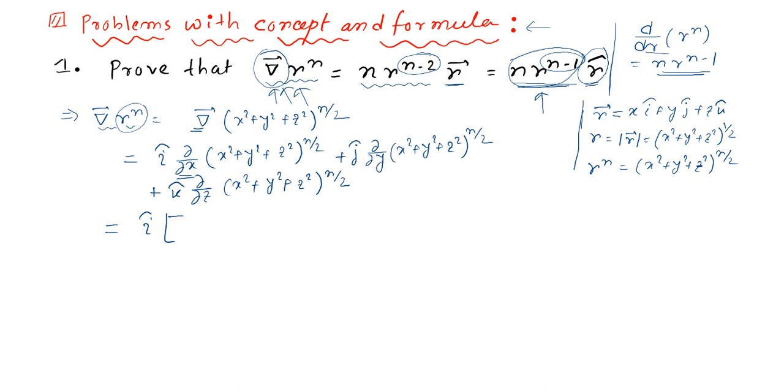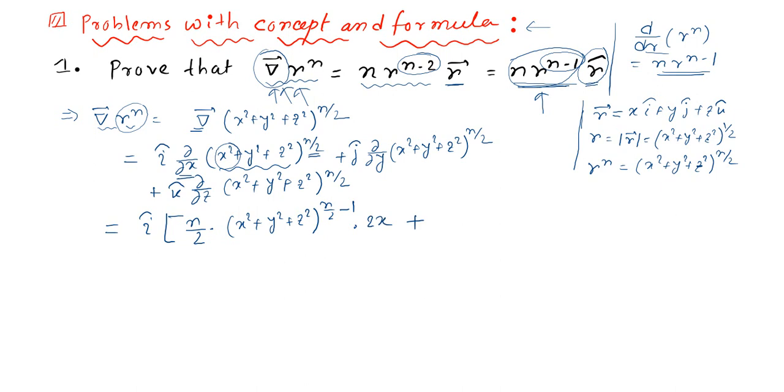del del x of this to the power n by 2, so it is n by 2, and this x square plus y square plus z square to the power n by 2 minus 1, right, into, again according to the chain rule, del del x of x square, so it gives you 2x.